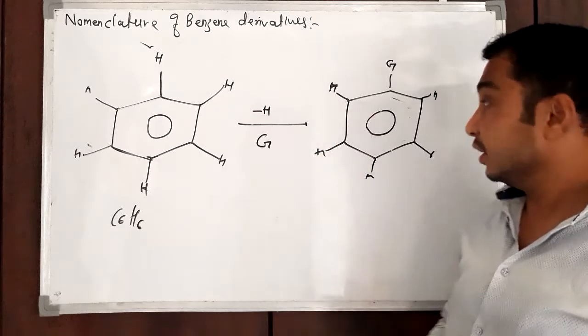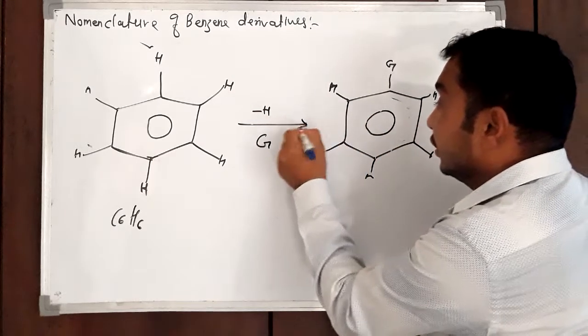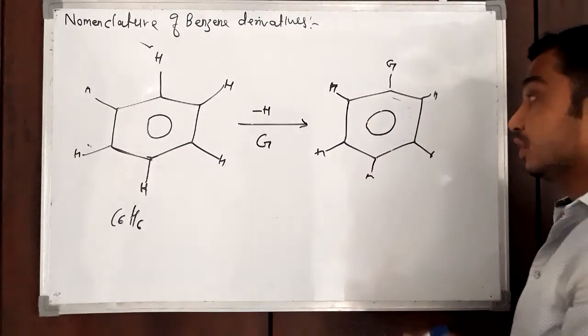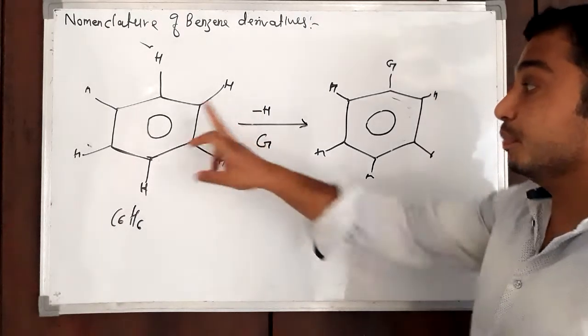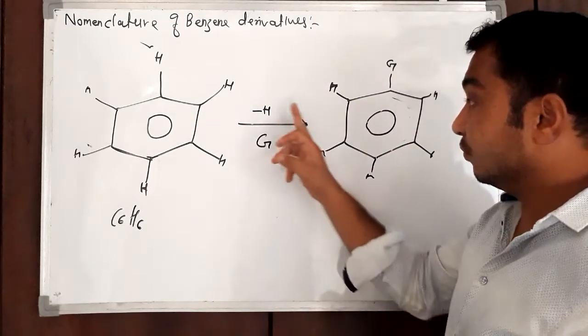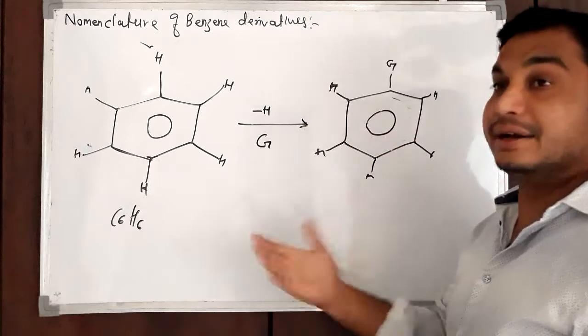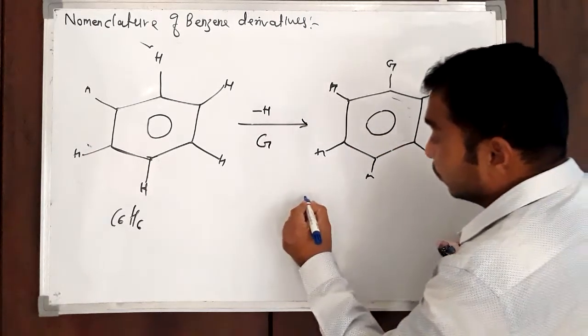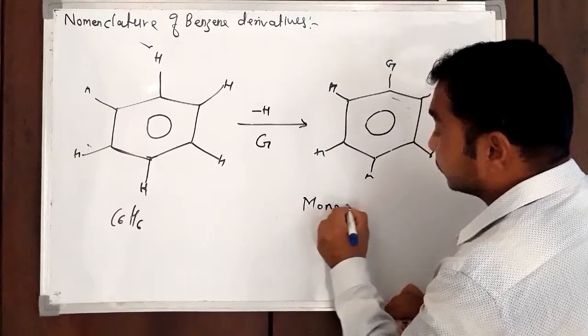This new compound, obtained from benzene by replacing one hydrogen atom by any atom or group of atoms, is called monosubstituted benzene.